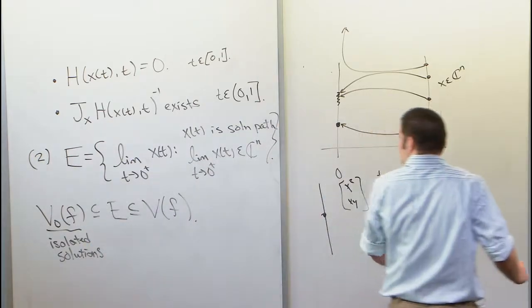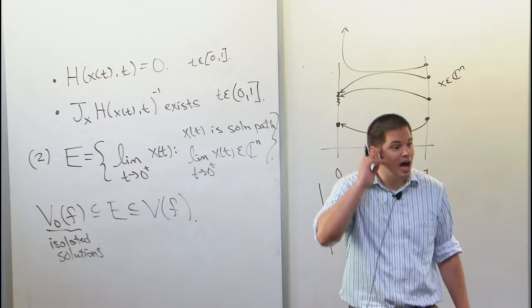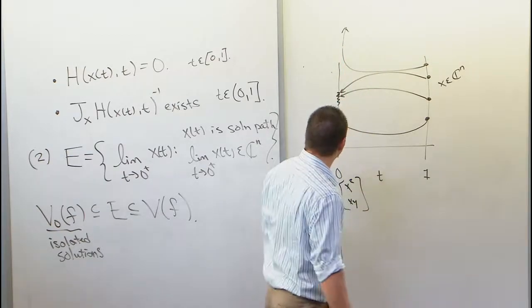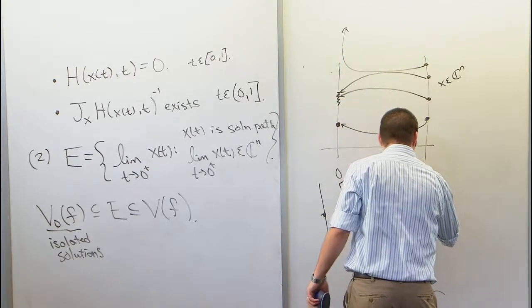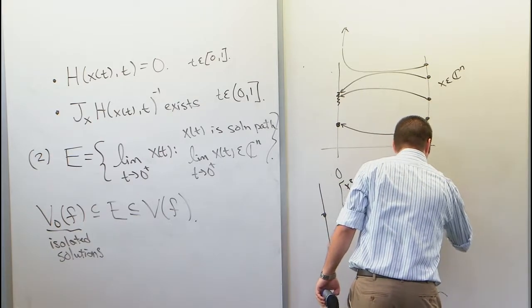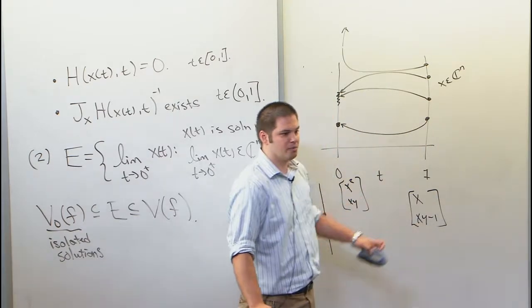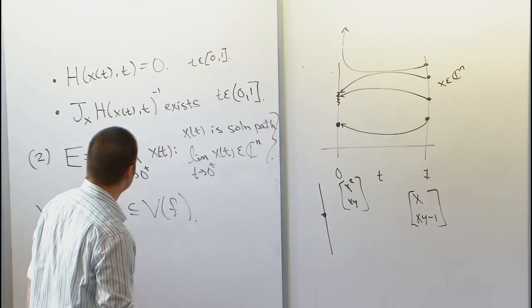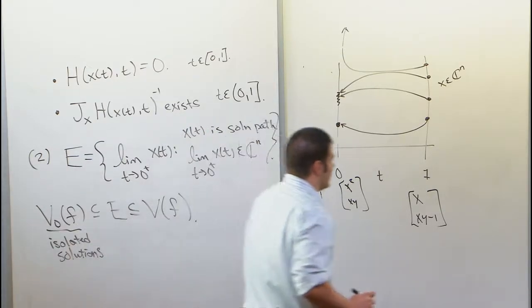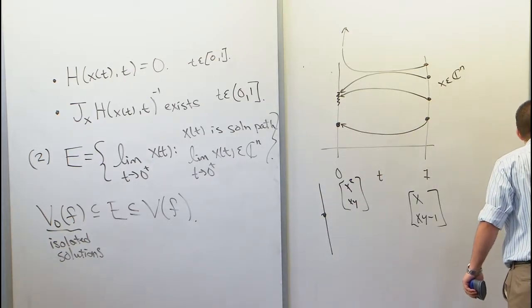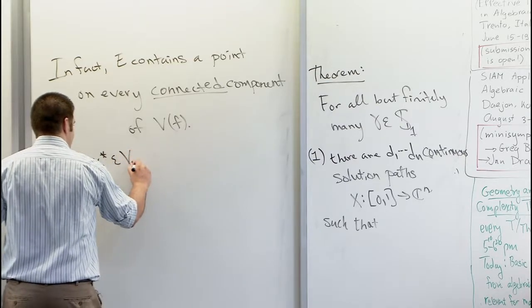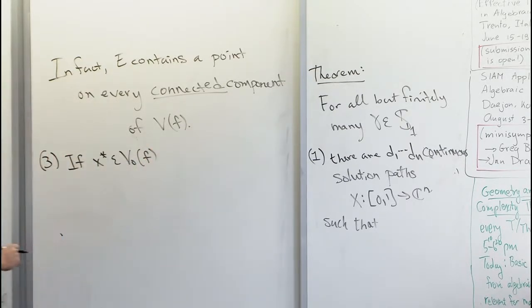Okay? What happens if the system has no solution? Then all paths go to infinity. So if this system had no solutions, let's say x and xy minus 1, all the paths will go to infinity. What else would we like to be true? Suppose x star is an isolated solution.